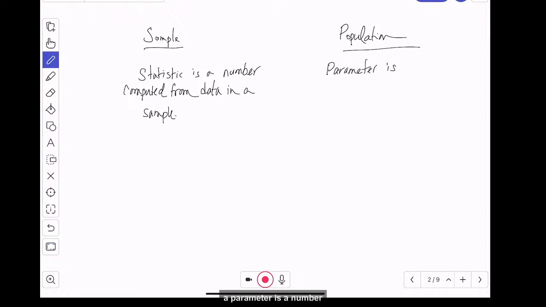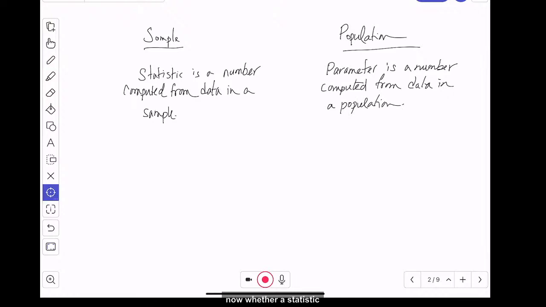A parameter is a number computed from data in a population. Whether a statistic is a good estimate of a parameter depends on a number of things, and one of those is how good the sample is, how representative it is of the population.